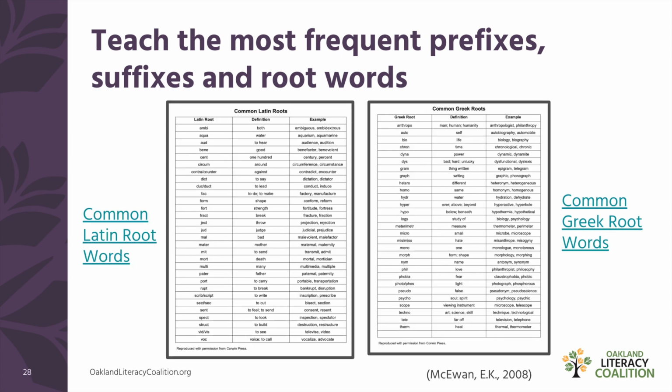Many English words come from Latin origins, which can help us understand what words mean and how they are related. For example, the Latin root struct means to build and can help us understand words like structure, construction, deconstruct, and many more.